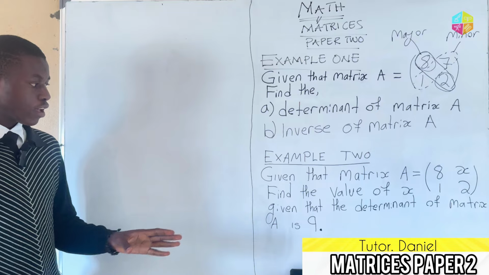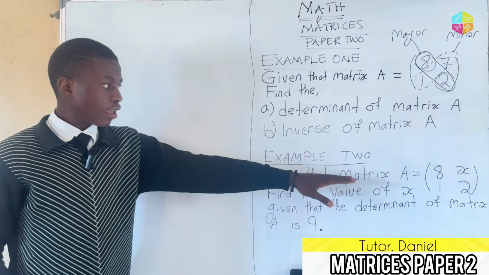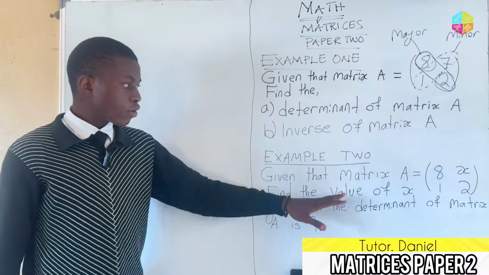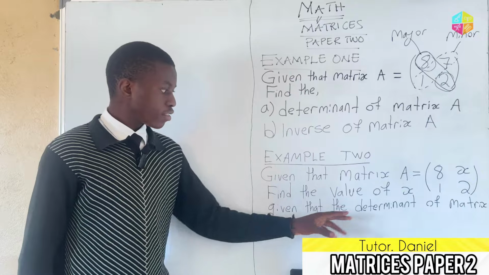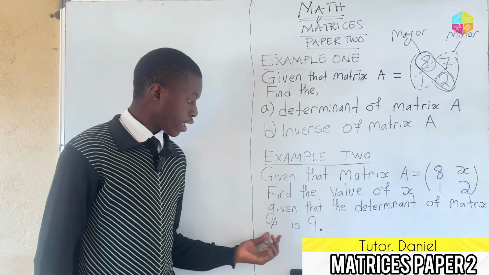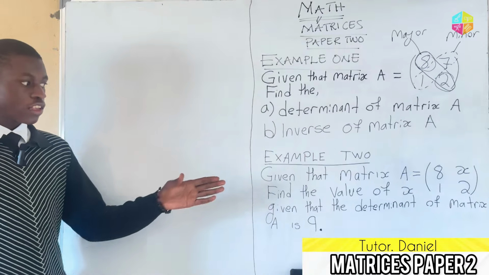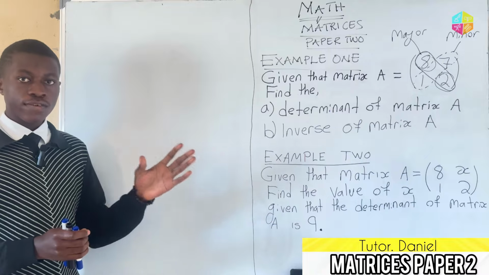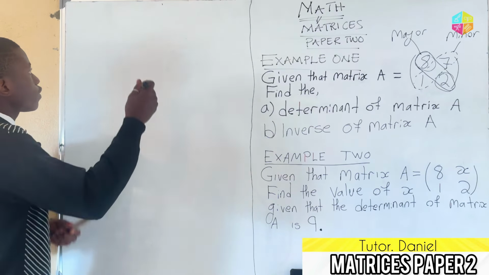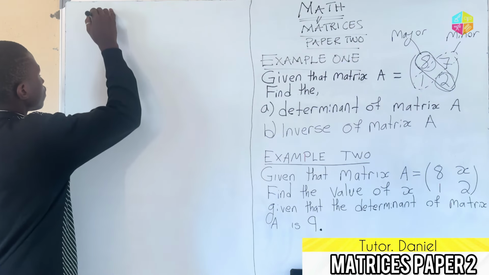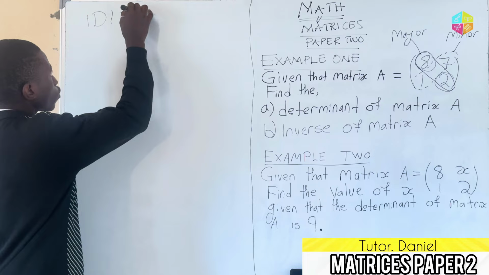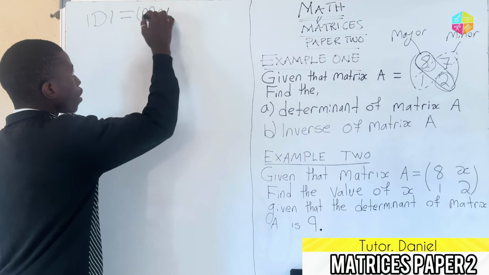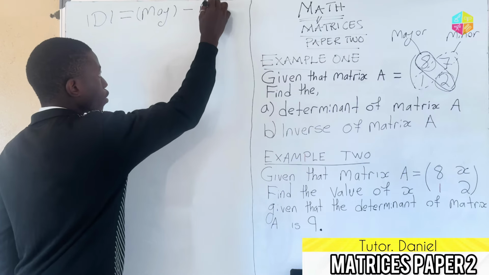Example 2 states that given that matrix A is equal to 8, 1, x, and 2, find the value of x given that the determinant of matrix A is 9. So in this case, we're already given the determinant. The formula that you use whenever you're given the determinant already: determinant is equal to our major diagonal minus our minor diagonal.